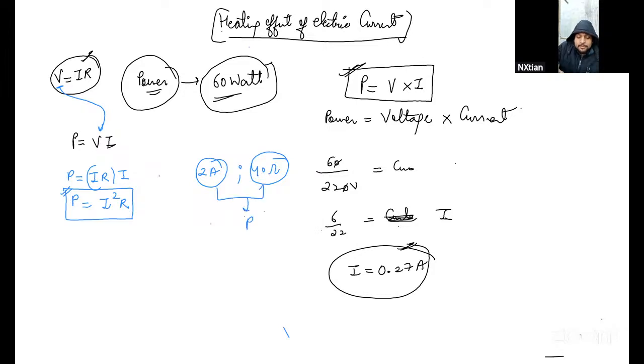You will apply this formula. Power is equal to I squared, which is 2 squared, into R, which is 40. So P is equal to 4 into 40. So P is equal to 160 watt. 160 watt is the power that appliance is drawing.